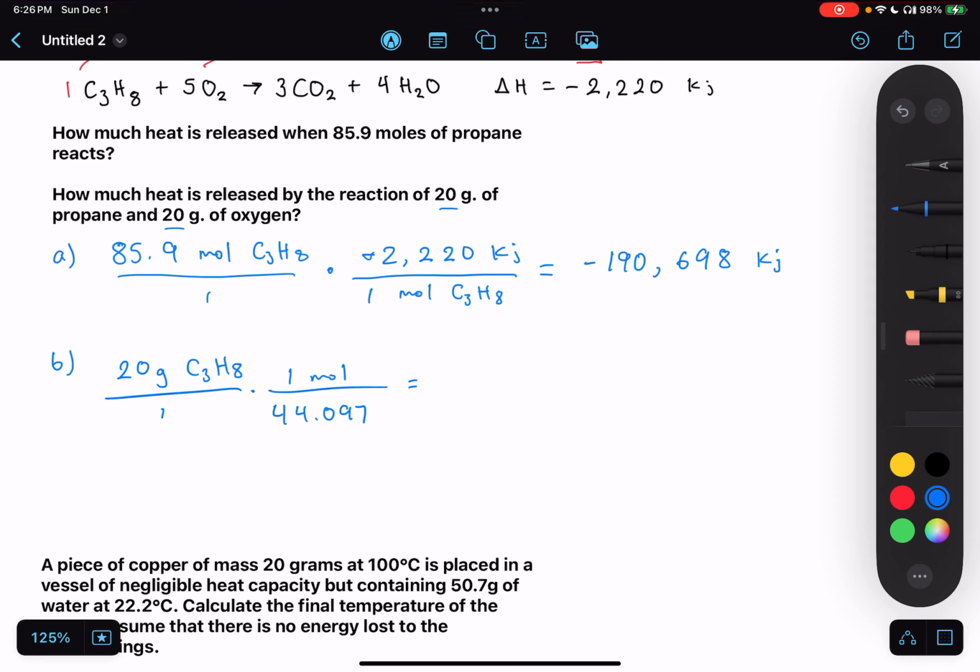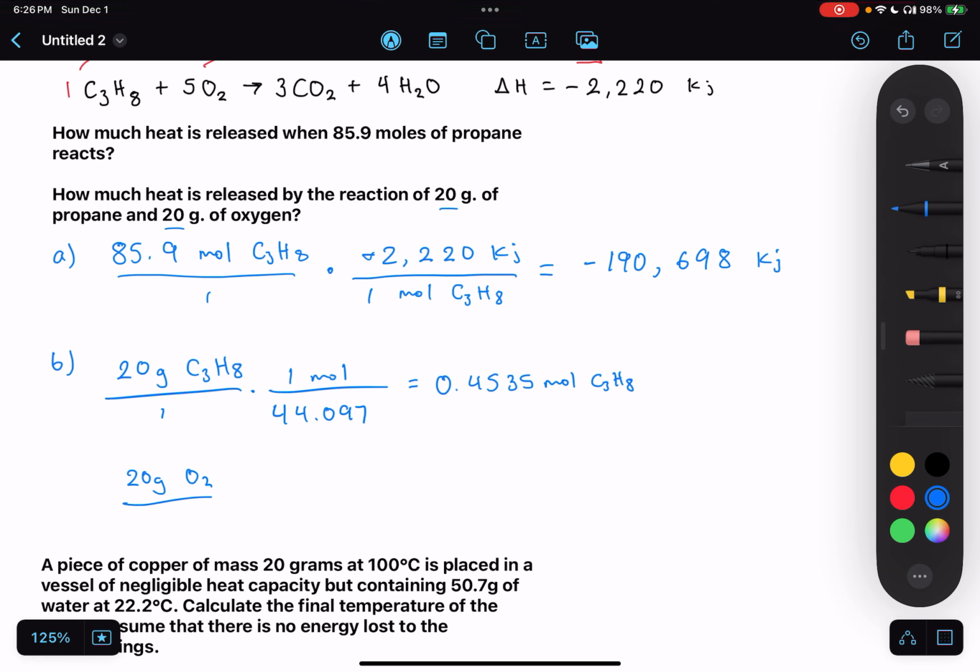We get 0.4535 moles. Okay, so 0.4535 mole of C3H8.